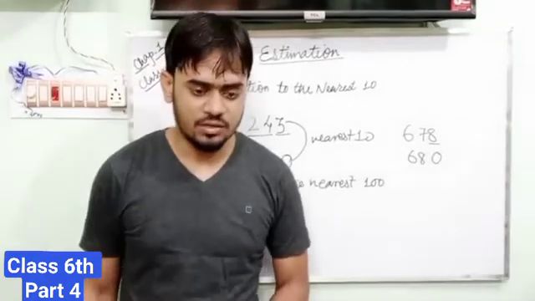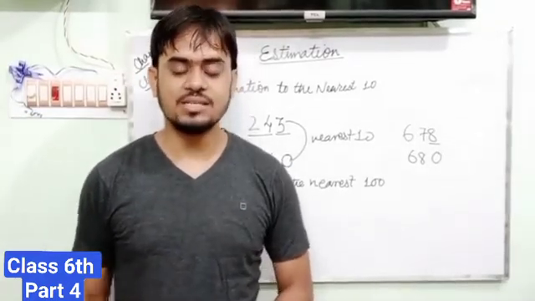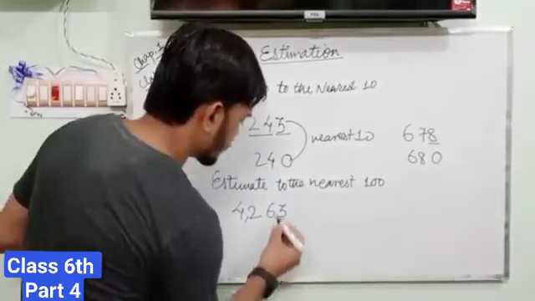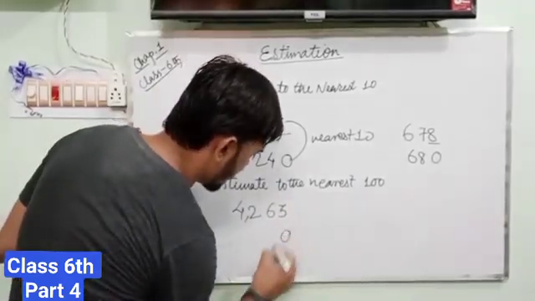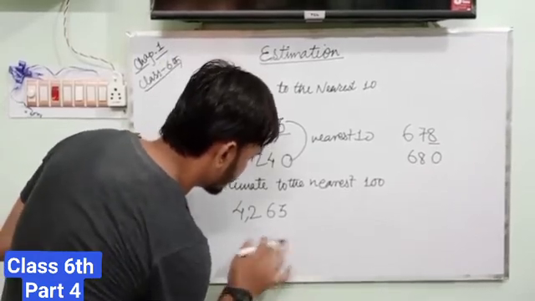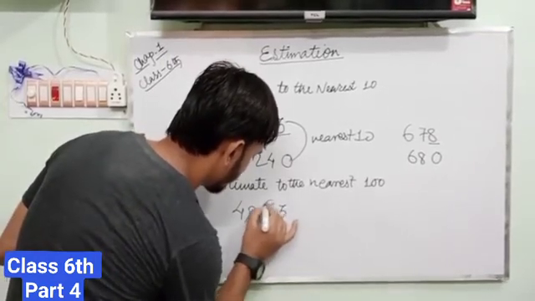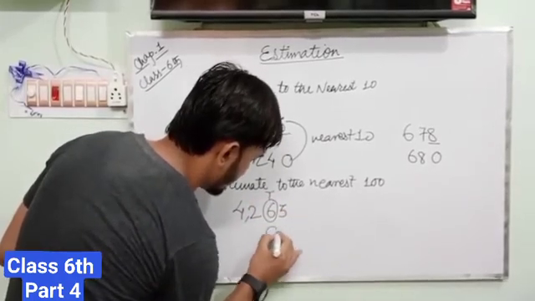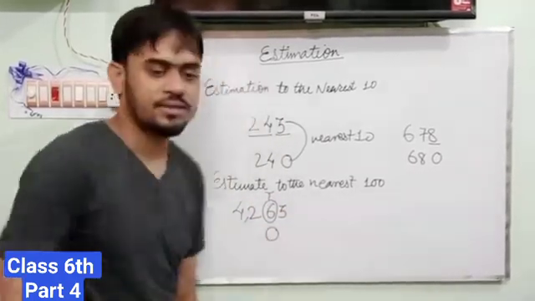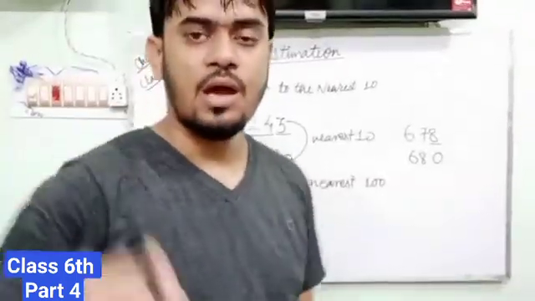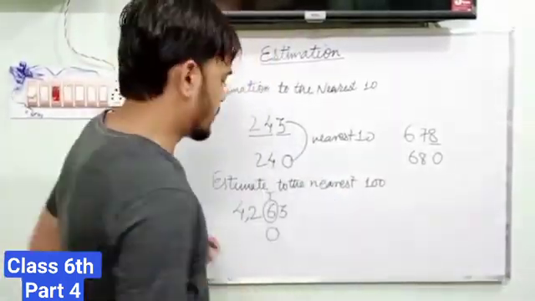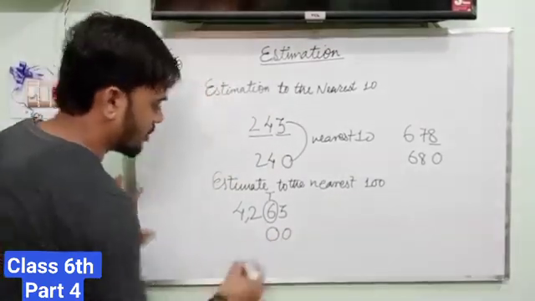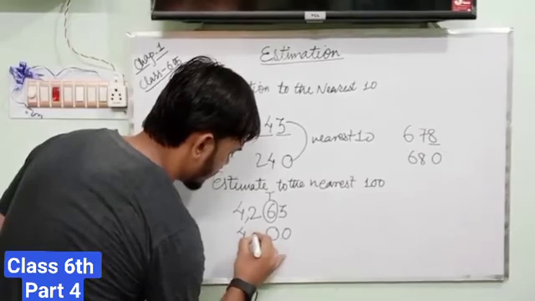Then step 2: if the digit at the tens place is less than 5, like 1, 2, 3, 4, the digit will be replaced by 0. Instead of 6, this is the tens place, the digit will be 0, and your ones place is also changed to 0 and the rest of the digits remain the same.